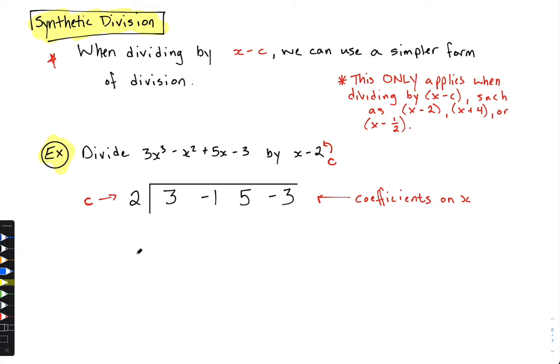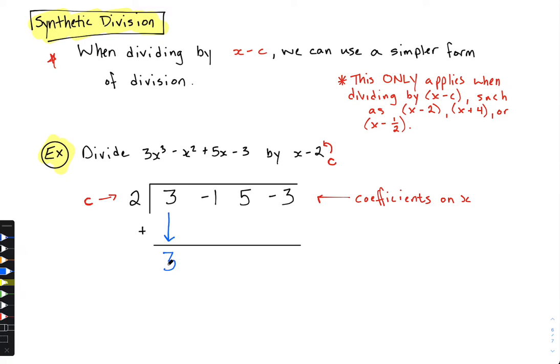It's actually pretty nice. To set it up, I'm going to start by drawing a bar a little below and putting a plus symbol. I'm going to be putting some numbers in here and adding them together to get an answer at the bottom. My first step is to bring down the very first number. I always bring down that first number and immediately put it in the bottom.